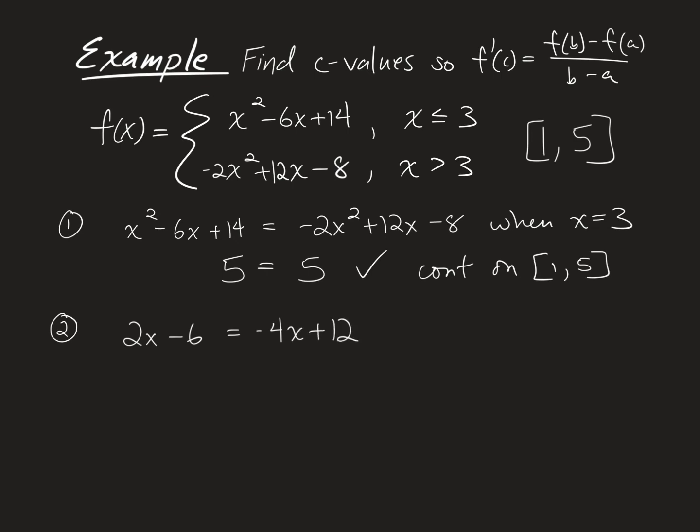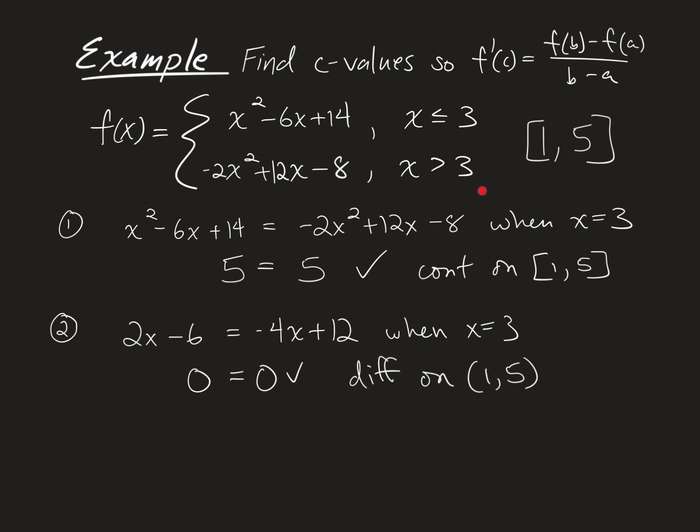We need to check that these are equal when x equals 3, because that's where the break is. So let's check it here really quick. The left side will be 0 when you substitute 3 in for x, and the right side will be 0. So we can say the original function is differentiable on the open interval 1 to 5.